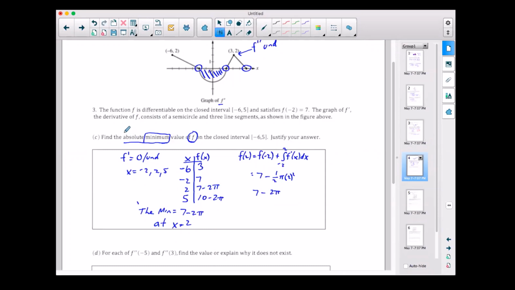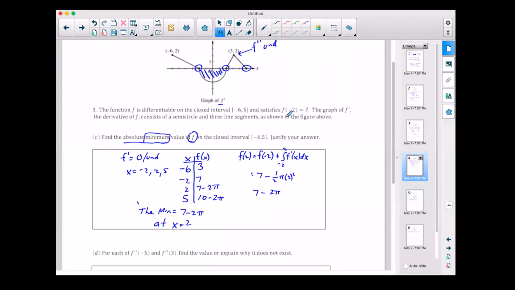But sometimes they ask you for the x coordinate. Find the value of x where it has a minimum, in which case it's just asking for the 2. And it could be asking you for both. But if you write it like this, it doesn't matter what it's asking you, you've answered the question. If the minimum equals the y coordinate at x equals the x coordinate, you're going to get the point no matter what question they ask you.